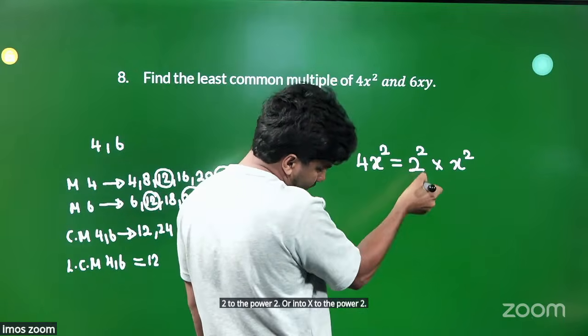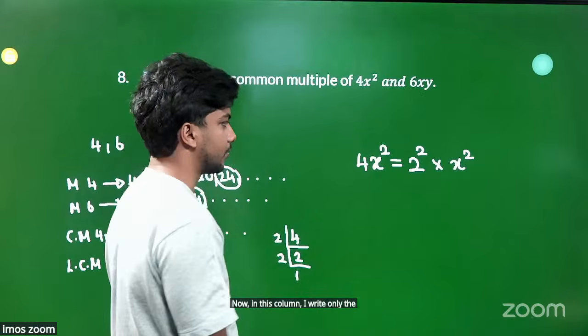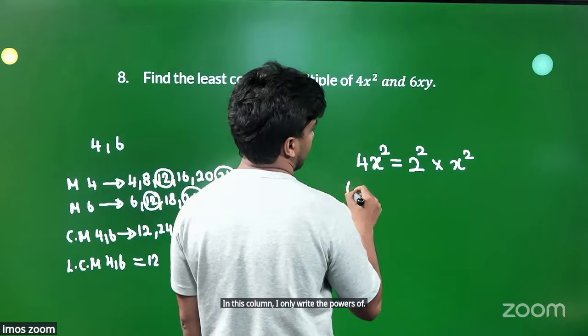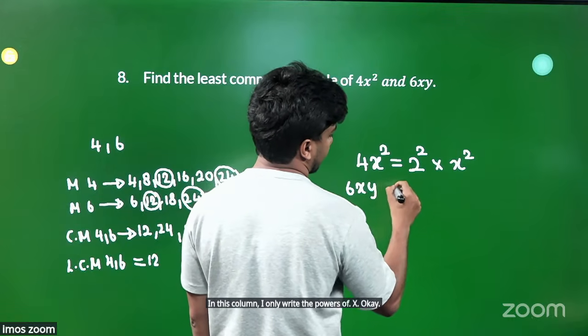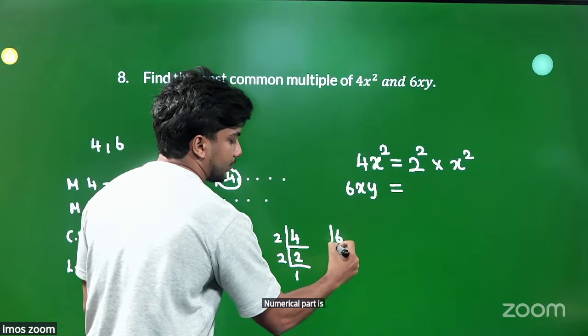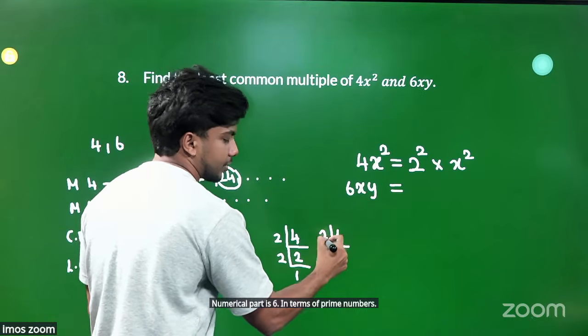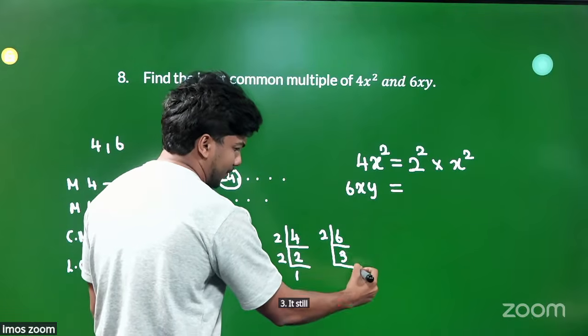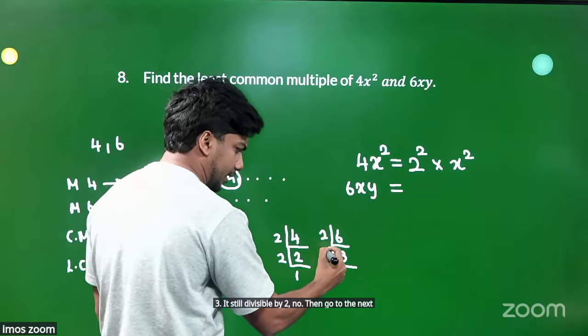Now in this column I write only the powers of 2, and in this column I write only the powers of x. Okay, 6xy. The numerical part is 6. In terms of prime numbers, is it divisible by the first prime number 2? Yes, giving 3. Is 3 still divisible by 2? No. Then go to the next prime number, 3. Yes.